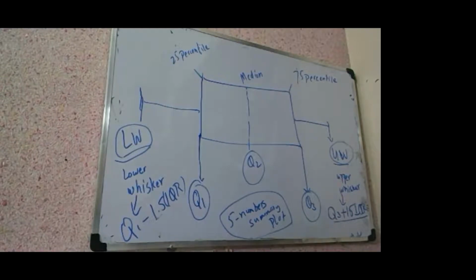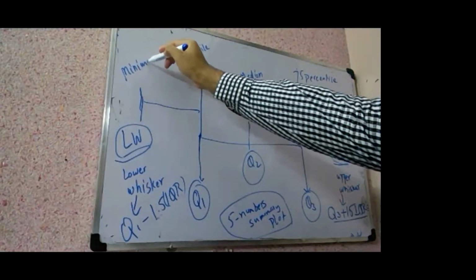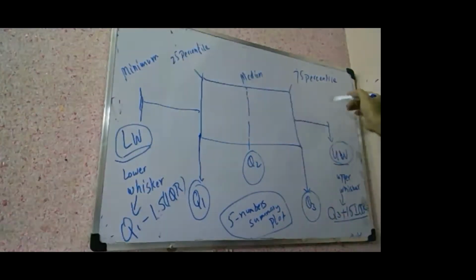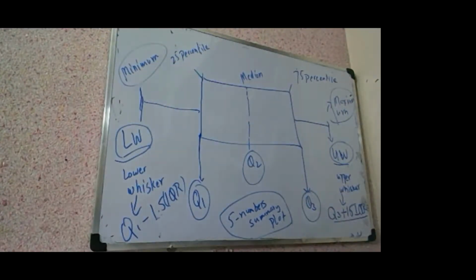And it includes the minimum value, and this is known as the maximum value. So it's also another way to give a notation to a box whisker plot. Of course, the minimum value is like the lower whisker, and the maximum value is the upper whisker. And you know how to calculate these values.